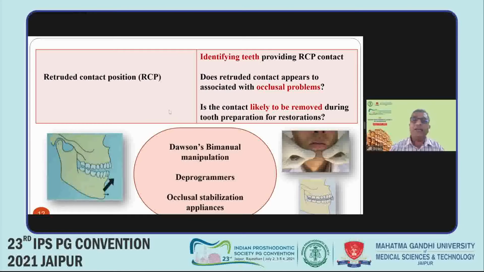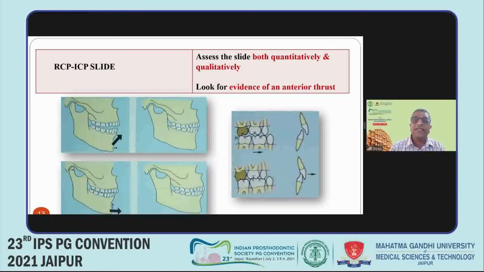Otherwise, you can evaluate by mounting the casts in the intercuspal position and the centric relation position on the articulator. Then you observe the first initial contact. In this position you have to understand whether there is any slide from the retruded contact position, or centric relation position, to the intercuspal position.